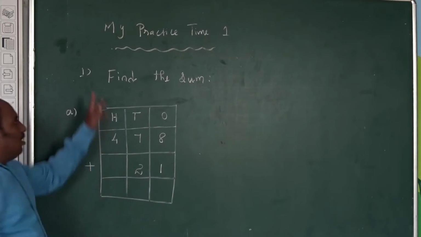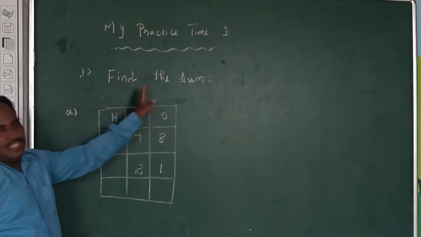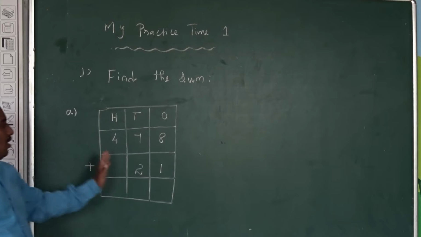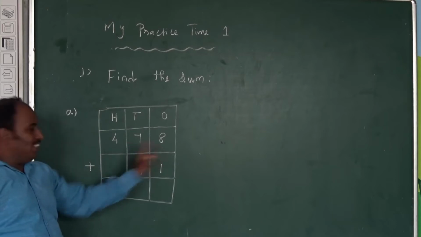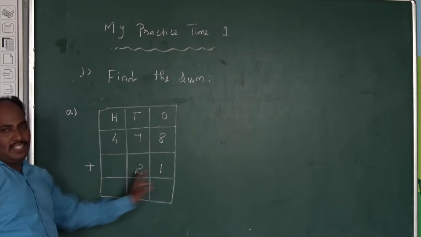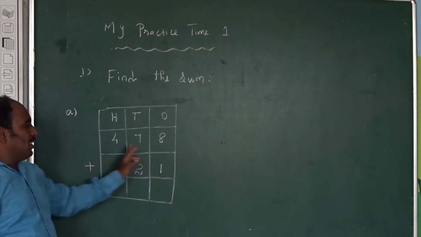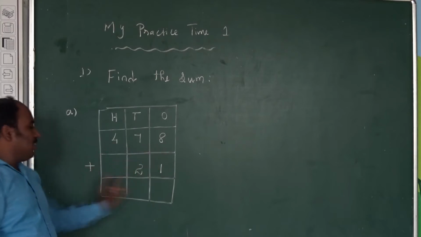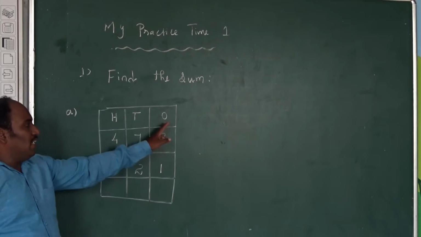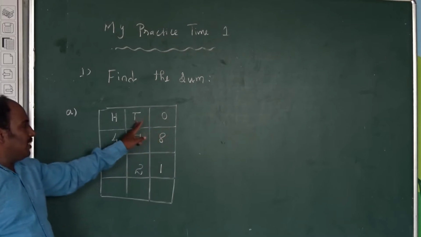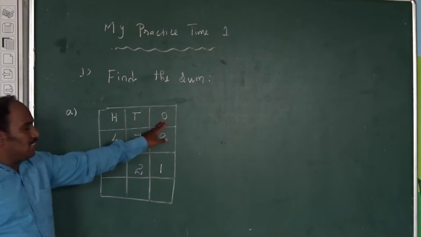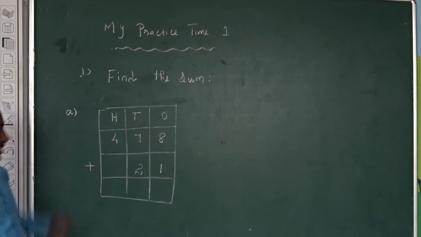Listen here. First one, find the sum. 478 plus 21. Place value is ones, tens, hundreds.